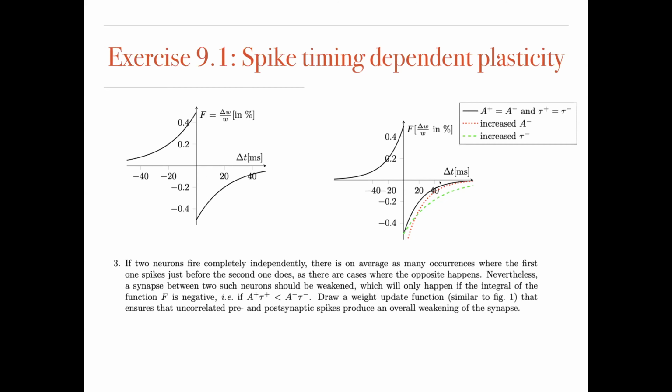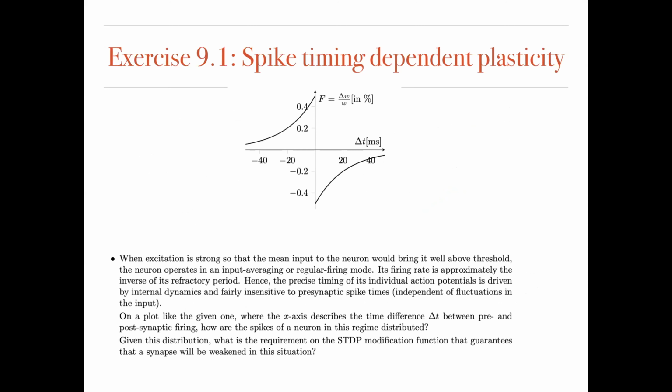And then exercise 4 was quite long and had some reasoning involved. It has 3 different points. When excitation is strong so that the mean input of the neuron would bring it well above threshold, the neuron operates in an input averaging or regular firing mode.